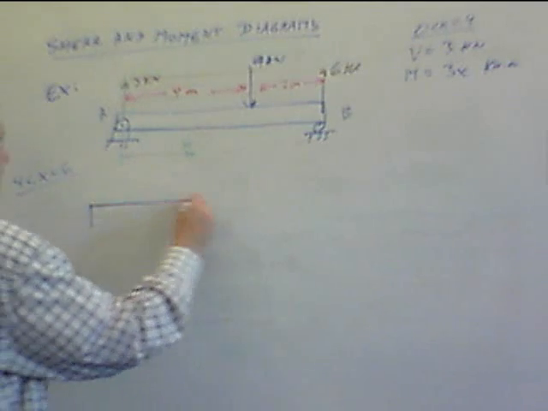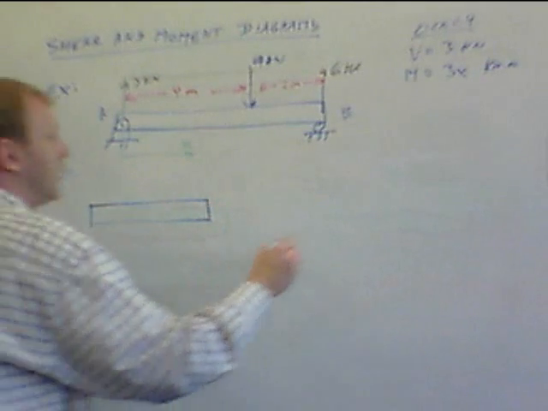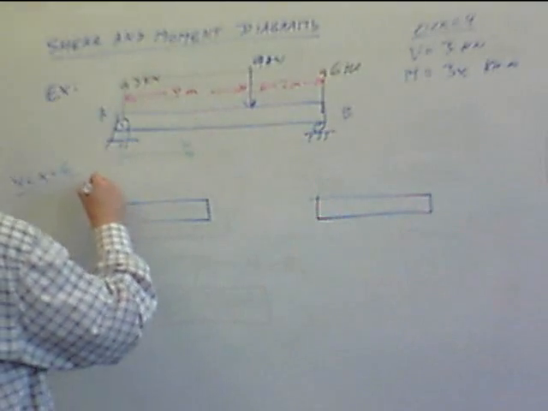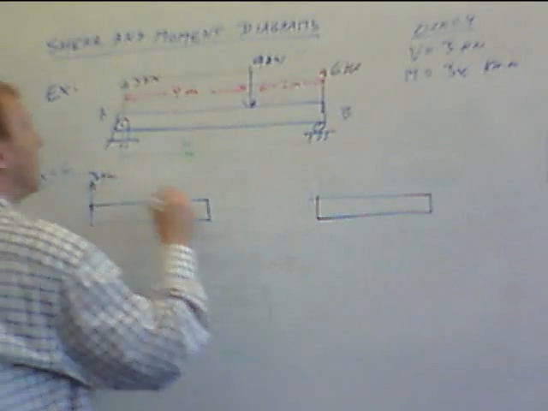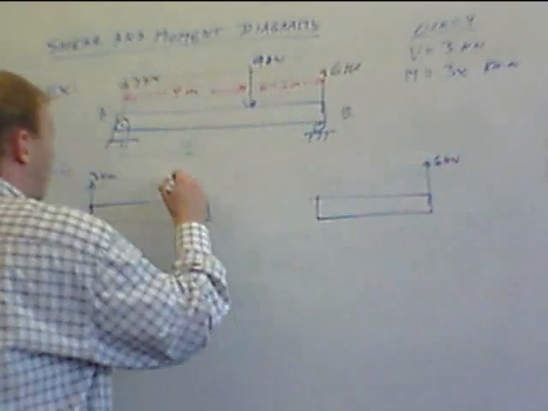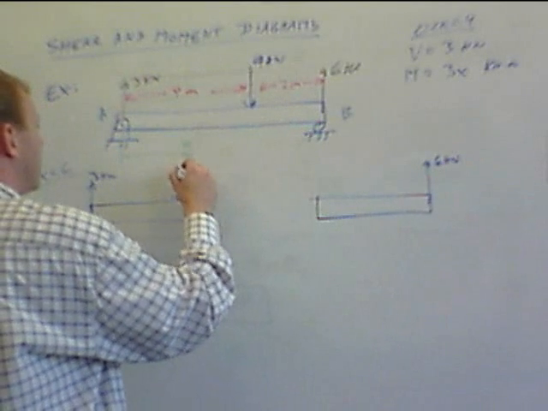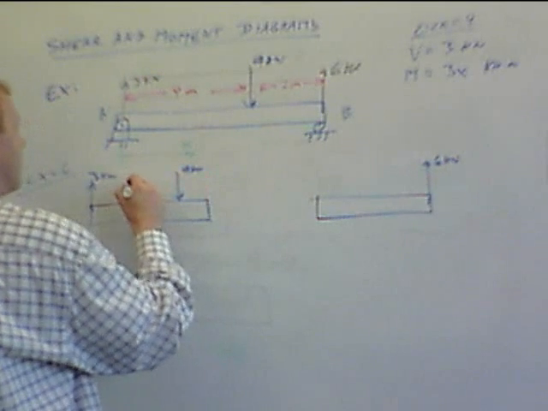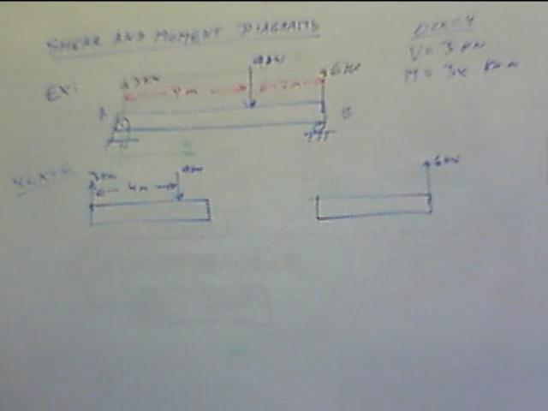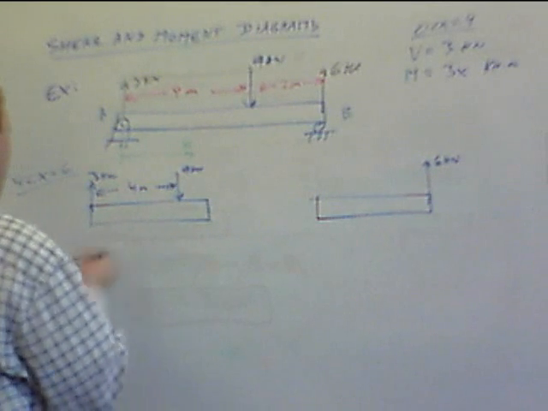In that case, the beam is going to look like this. Same thing here. We still have our 3 kilonewtons here. We still have 6 kilonewtons here. Now our 9 kilonewton force is here. This distance is 4 meters.